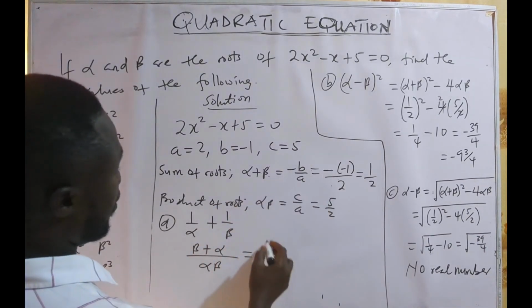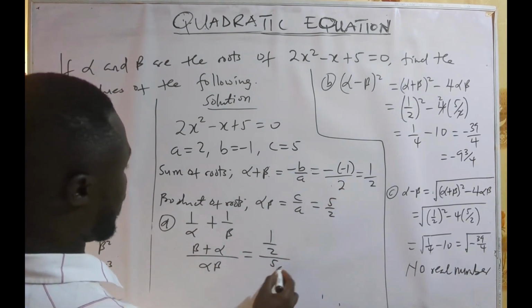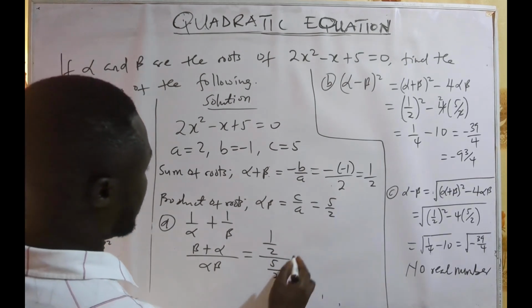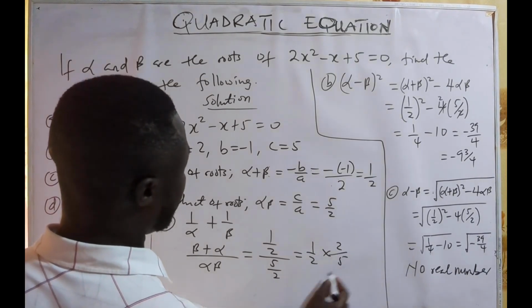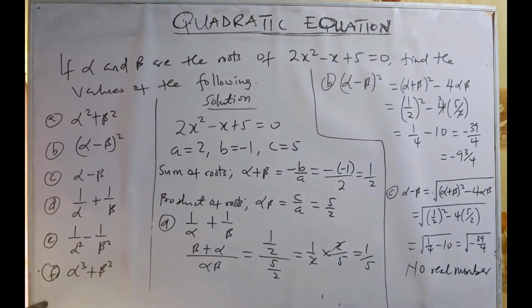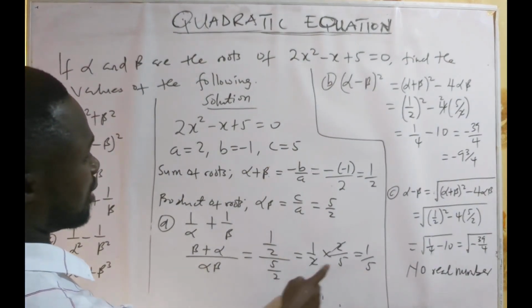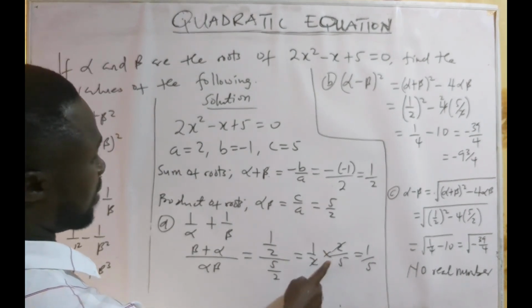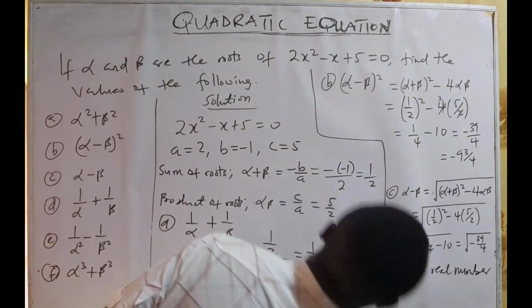Alpha plus beta is 1 over 2, over alpha beta, 5 on 2. So we can write it as 1 over 2 times 2 on 5, and we are going to have 1 over 5. So alpha plus beta, or beta plus alpha, the same thing, over alpha beta is 1 over 2 times, then we multiply and reciprocate, 5 over 2 becomes 2 over 5, and we have 1 over 5.